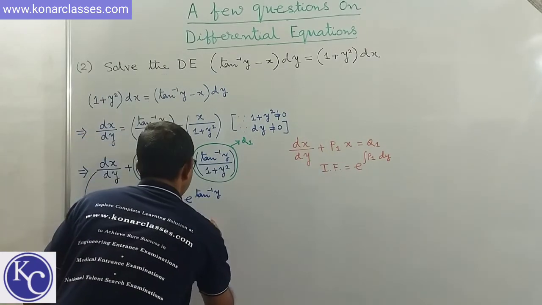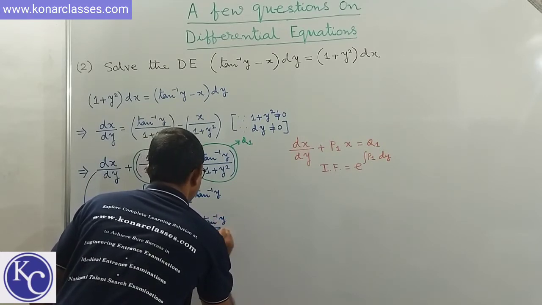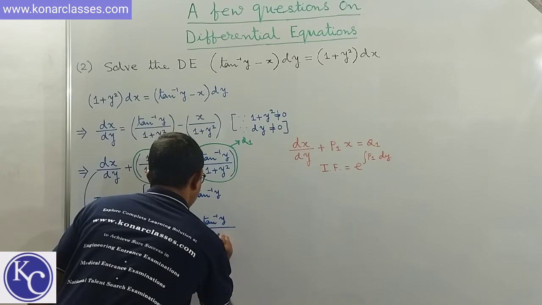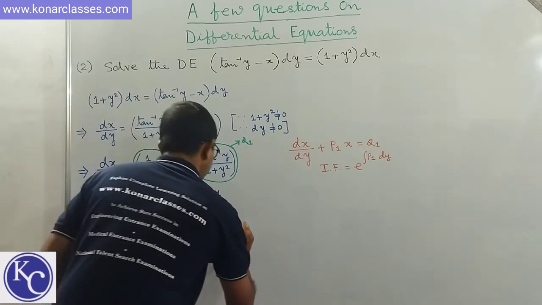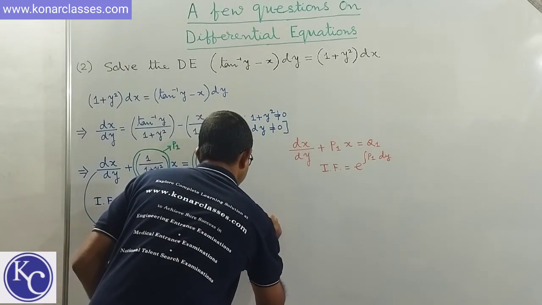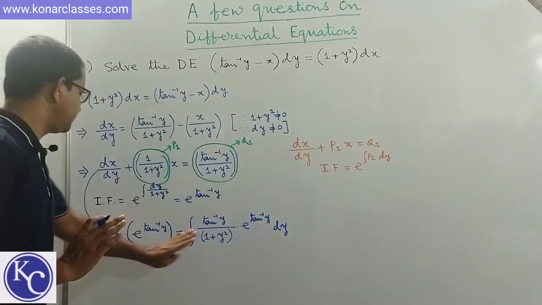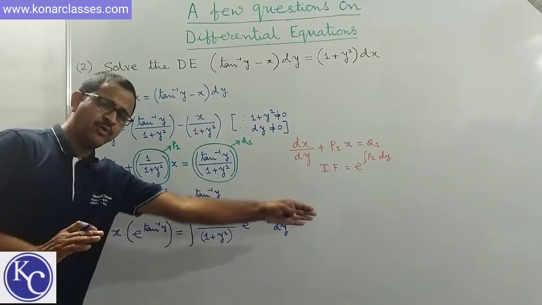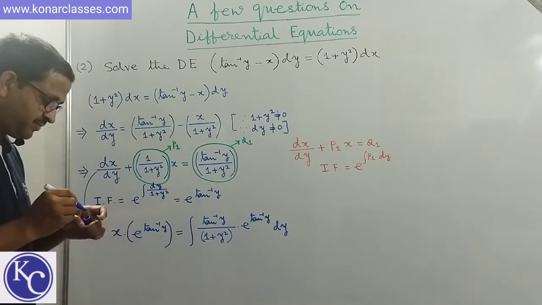What is q1? q1 is tan inverse y divided by 1 plus y square, into e power tan inverse y, into dy. Whatever the solution to this integration, we will add one integrating constant and we will get the solution to the given differential equation.